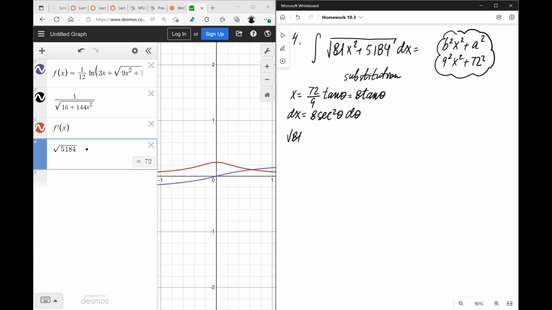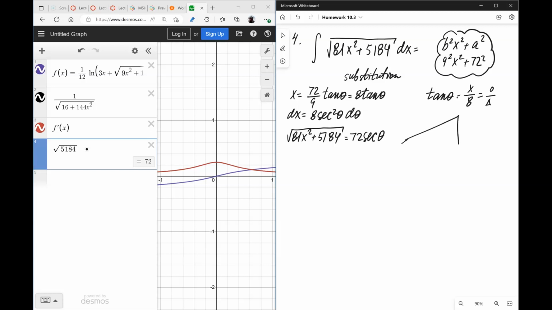Square root of 81x squared plus 5184 is going to be 72 secant theta, and tangent theta can be expressed as x over 8, which is opposite over adjacent.